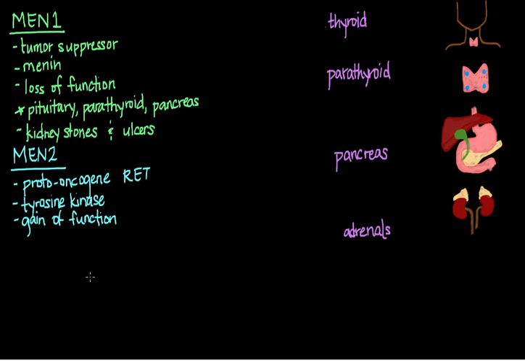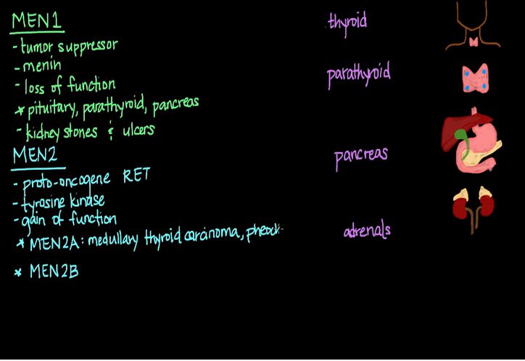Alright, so there are actually 2 subtypes of MEN2. There's MEN2A and MEN2B. So the 3 types of tumors that are characteristic of MEN2A are medullary thyroid carcinoma, pheochromocytomas, which are tumors of the adrenal gland, and parathyroid tumors.